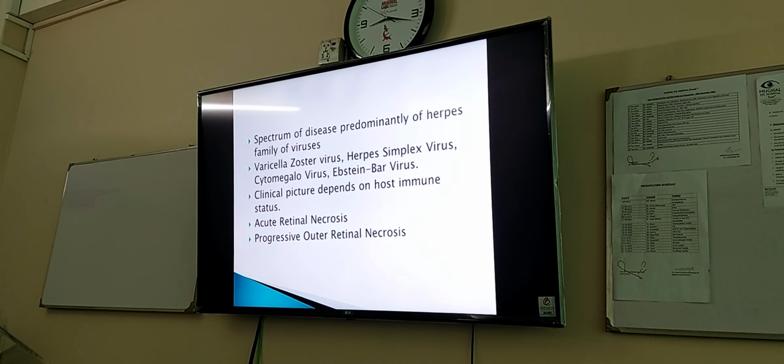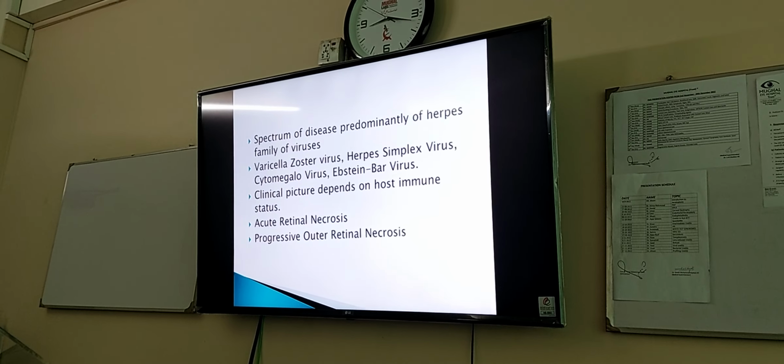The other can be steroid induced, and also after synechiae formation, peripheral anterior synechiae. And clogging of the trabeculum because of the inflammatory cells. So there are multiple ways by which the intraocular pressure increases. So in all inflammations, uveitis, IOP should be checked, especially in herpetic.